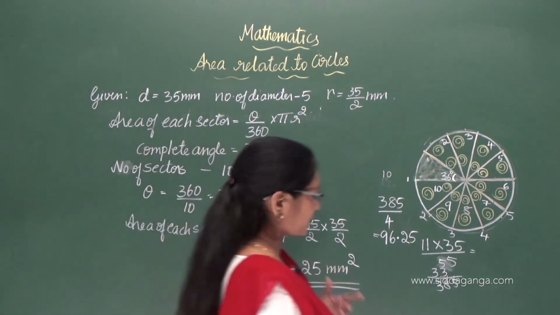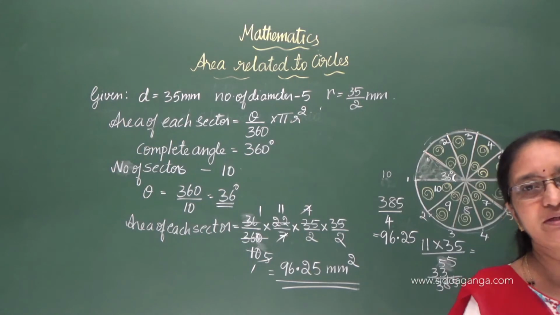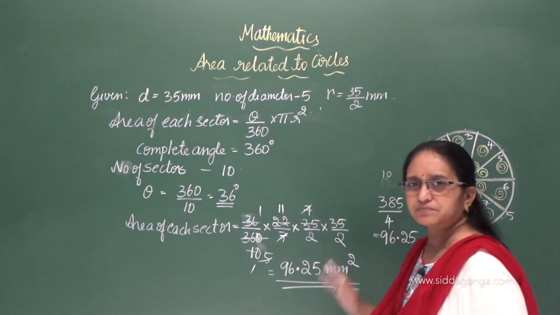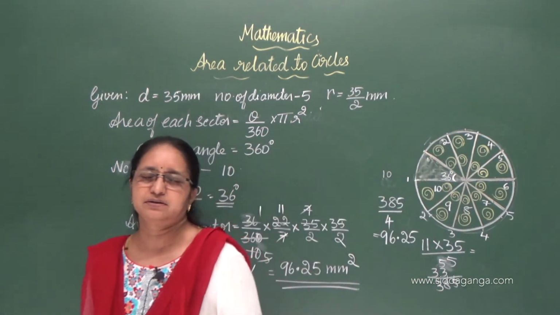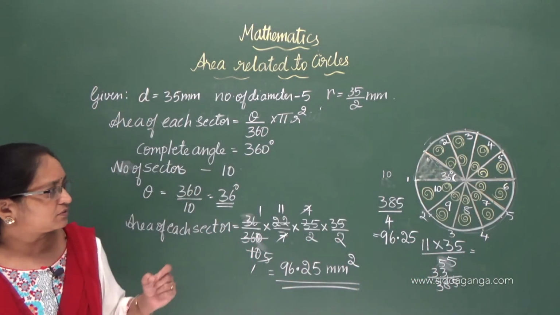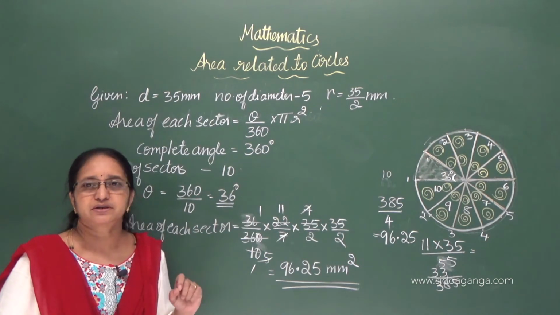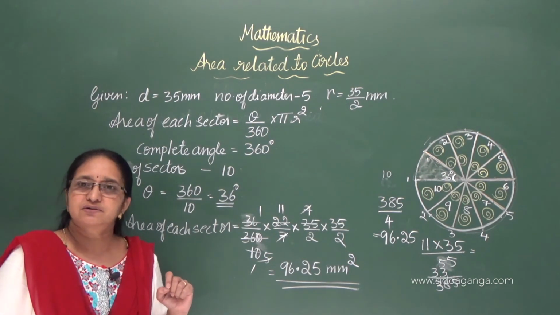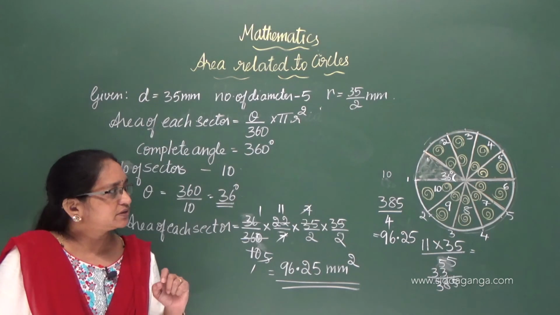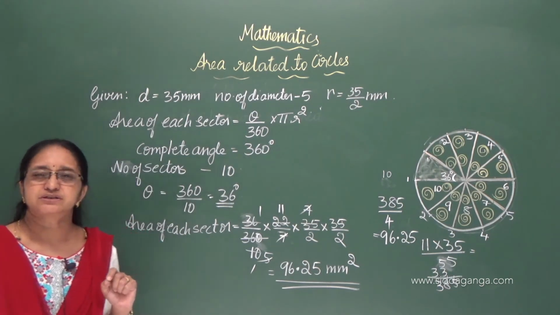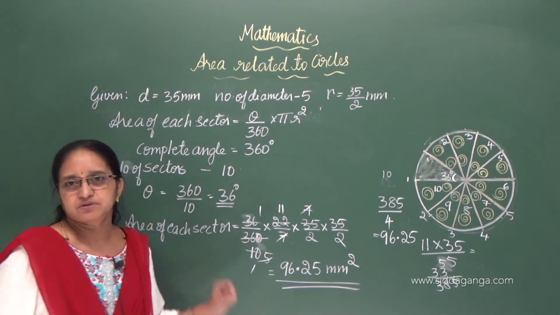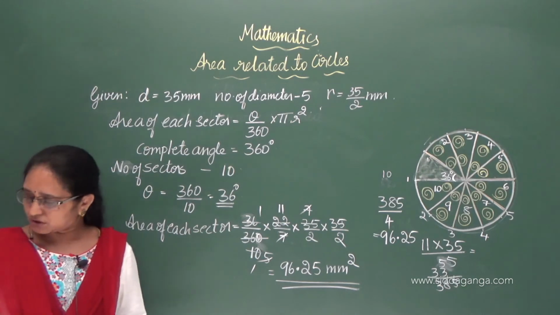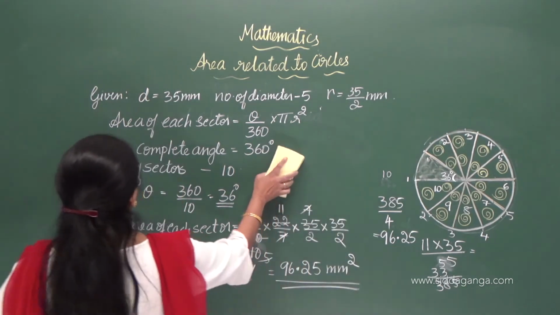Therefore 96.25 millimeter square. Okay. I hope you understood this problem. It's very interesting, isn't it? So we can really enjoy this chapter and these problems, because they are very application level questions and very nice also. Once you understand the concept, it's a very easy chapter also. Okay. Now let us try to solve one more problem, the last problem.